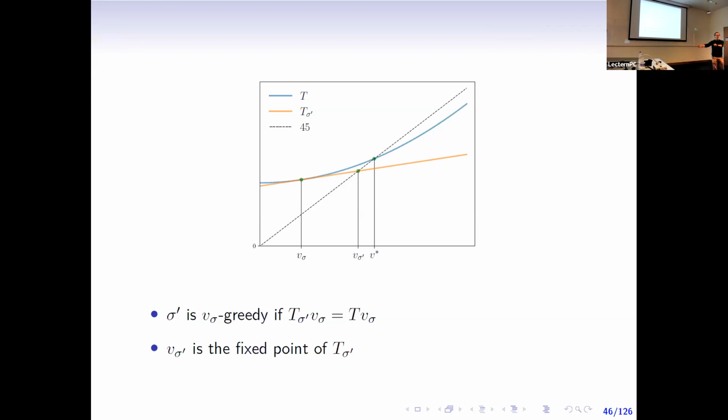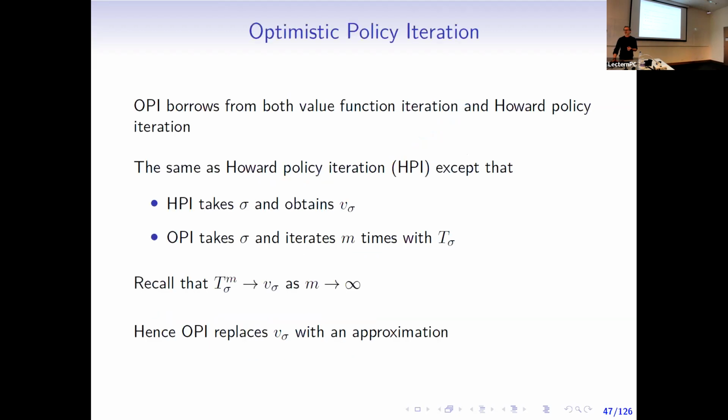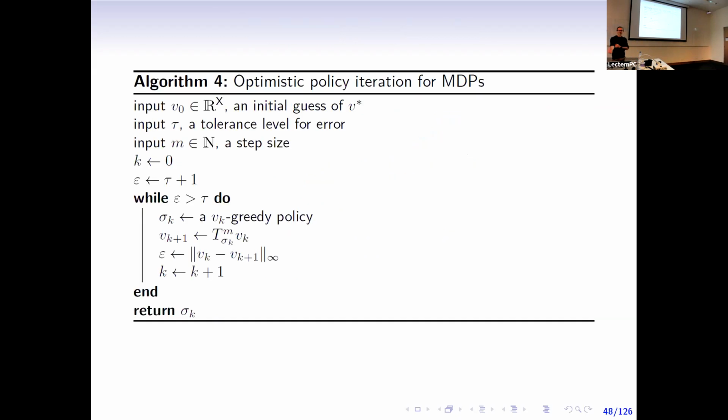If m is equal to infinity, I get to Howard policy iteration. So this in-between guy, which I'm calling optimistic policy iteration, is some convex combination, if you like, of the other two algorithms. If you like to see it more algorithmically, it looks like that.